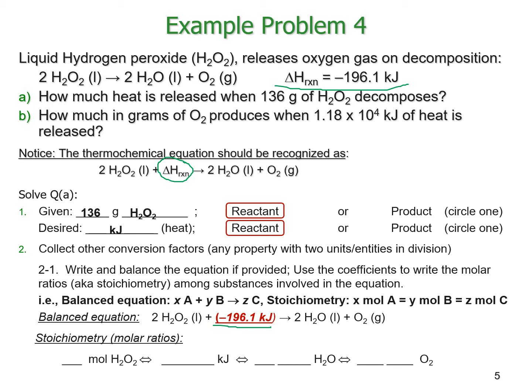Starting with 2 H2O2, meaning 2 moles of H2O2. Our second term is another reactant, which is negative 196.1 kilojoules. And if we jump over to the product side, 2 H2O, meaning 2 moles of water, and O2, meaning 1 mole of O2. That is the pool of conversion factors we collected from stoichiometry.